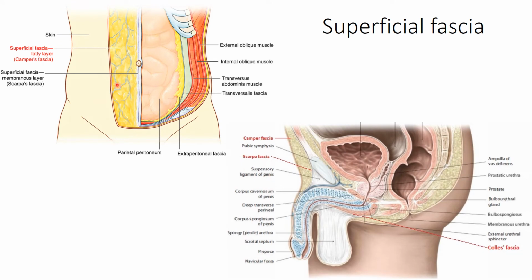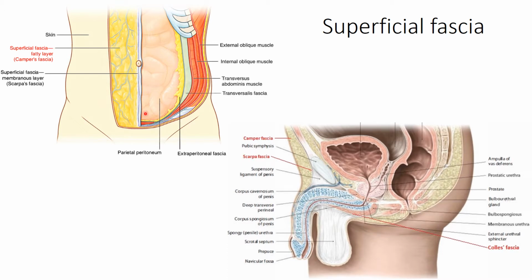Now after the removal of the skin, the subcutaneous tissue or the superficial fascia is visible. Superior to the umbilicus, this superficial fascia is consistent with the superficial fascia found elsewhere in the body.